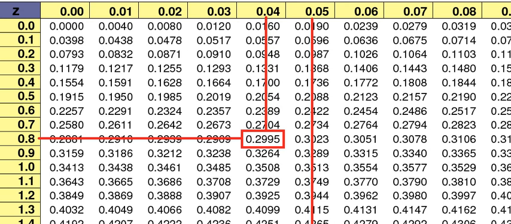So we can find that right now they will have 0.295, which is about 0.3, and the new Z is about 0.84.